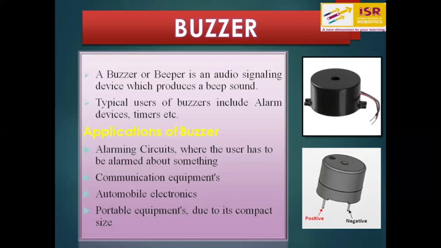Typical uses of buzzers include alarm devices, timers, etc. So that means you can use buzzers where you want to be alarmed about something. You can use buzzers in communication equipment, automobile electronics, and portable equipment due to its compact size. That means the size of a buzzer is very small, so you can use buzzers in devices which you want to take with you anywhere.